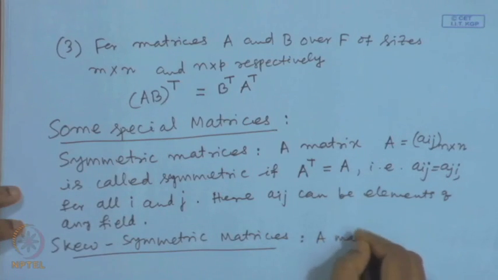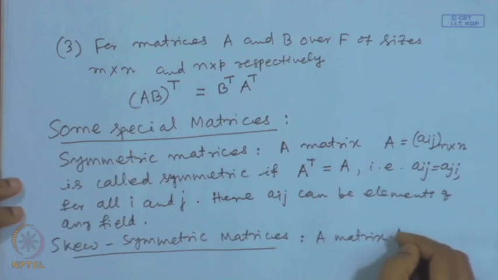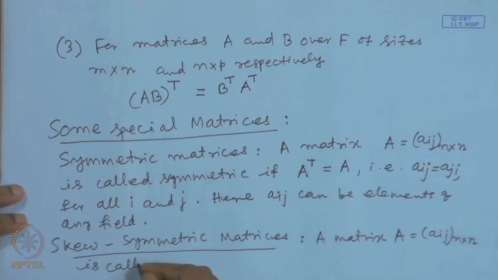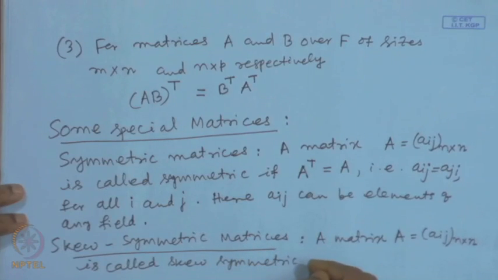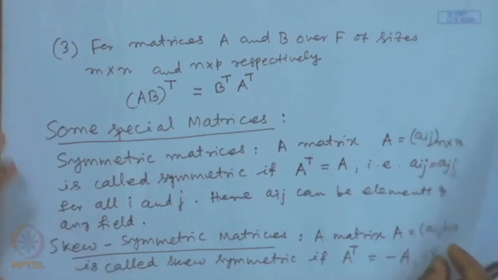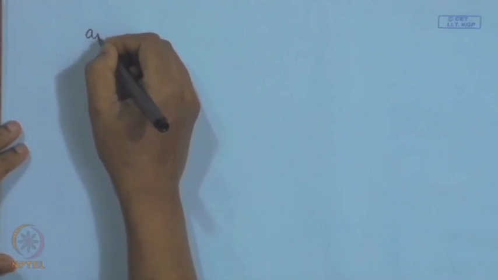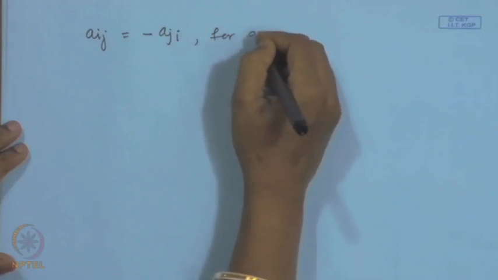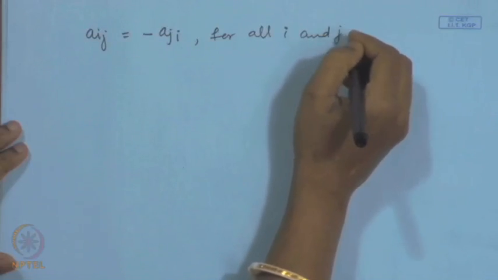A matrix A with entries Aij, also a square matrix, is called skew symmetric if A transpose is equal to minus A, that is, it satisfies the condition that Aij is equal to minus Aji for all i and j.